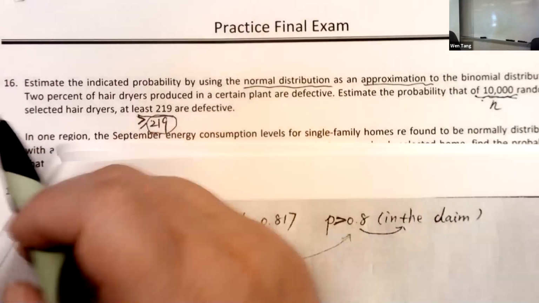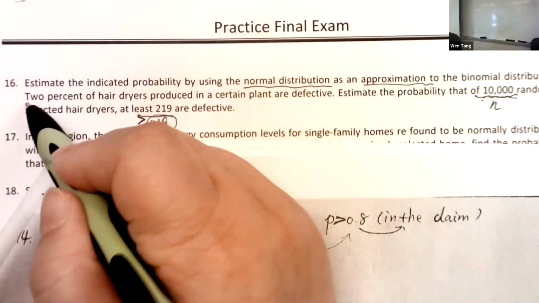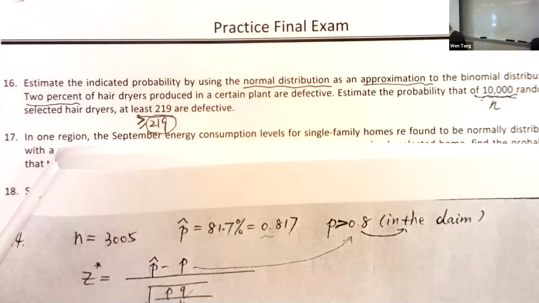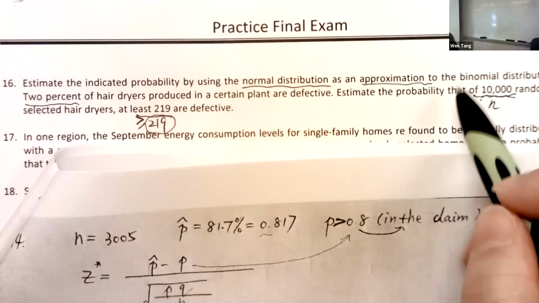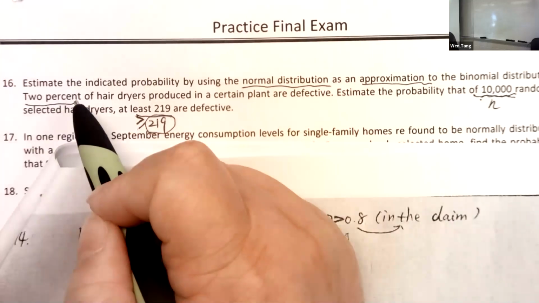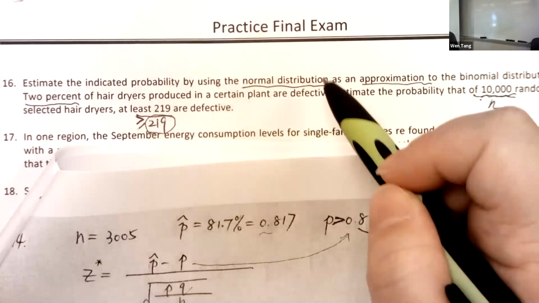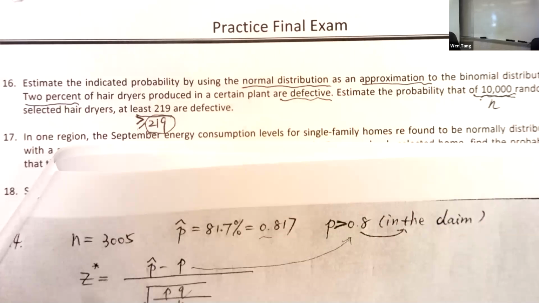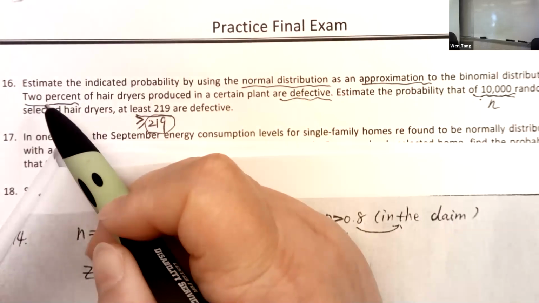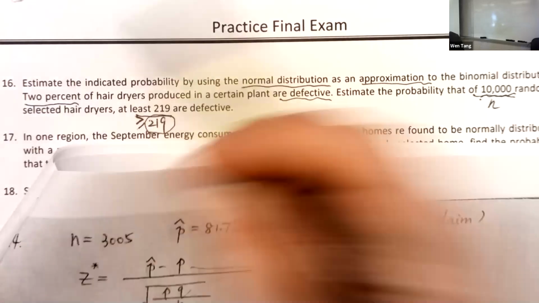And we also need to know the p-value, right? Here, 2% of the dryers are defective. So this is the p-value, lowercase p, okay?